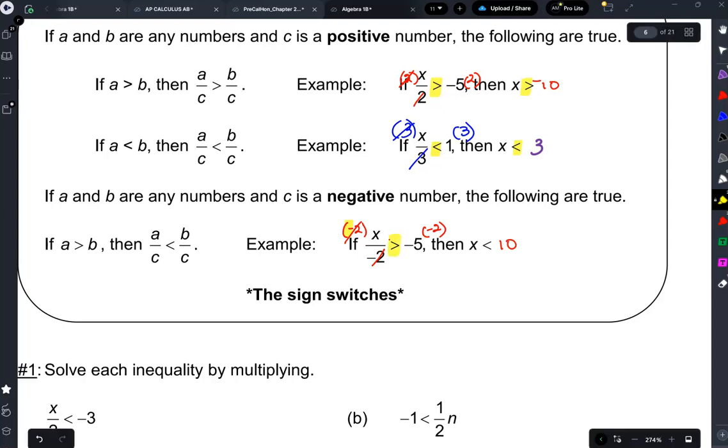That means look at what happened to the sign. It switched. Okay? Does the sign switch every time you multiply by a negative? Every time you multiply by a negative number like we did here, you have to switch the sign. Okay?